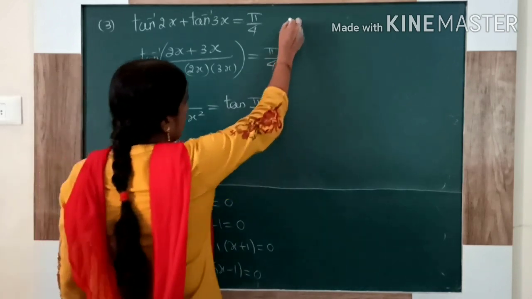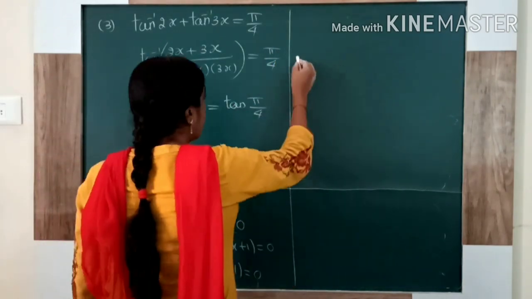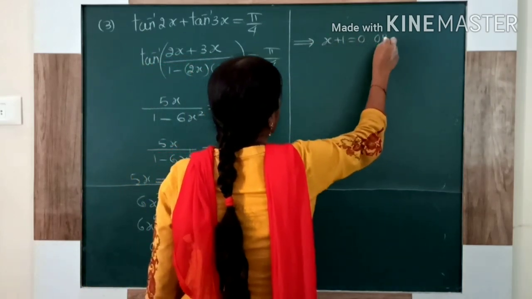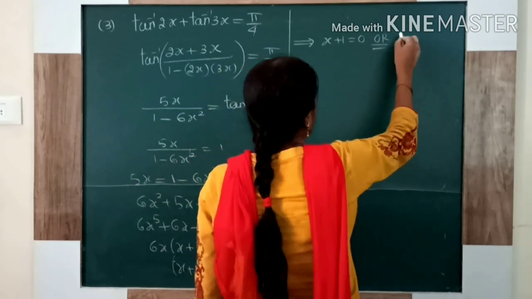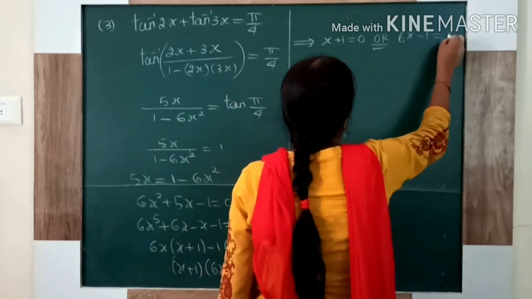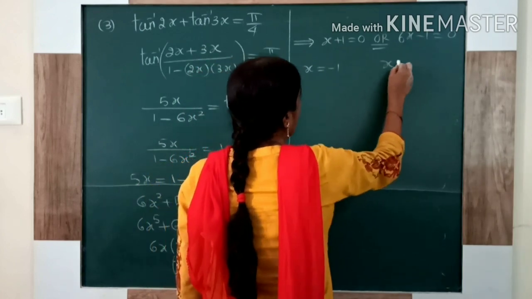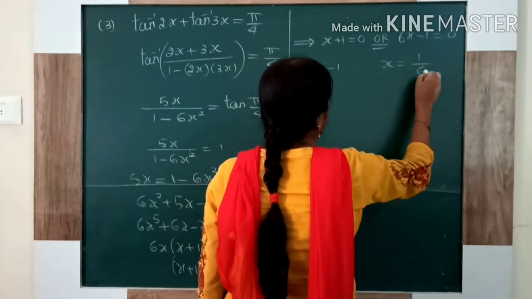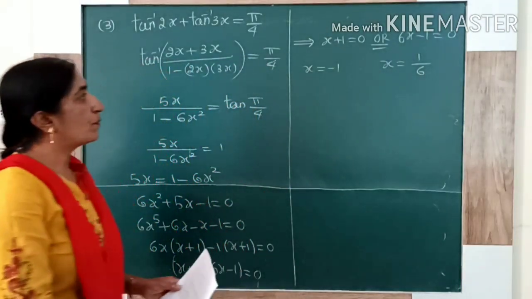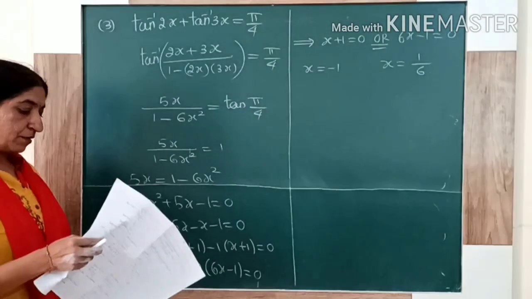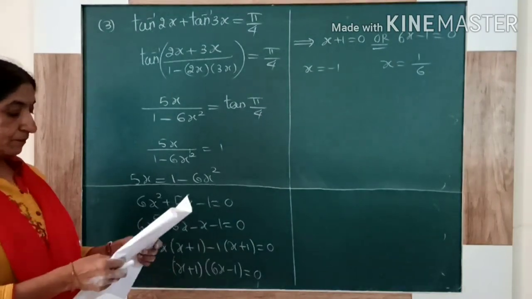So this implies x plus 1 is equal to 0, or 6x minus 1 is equal to 0. So x is minus 1 or x is 1 by 6. I hope you all understood this example. Very simple examples, but very important examples we have here.